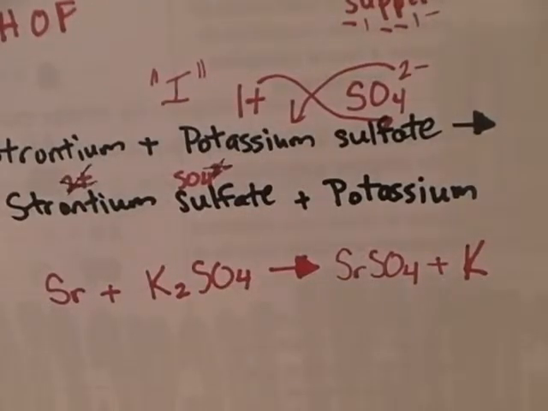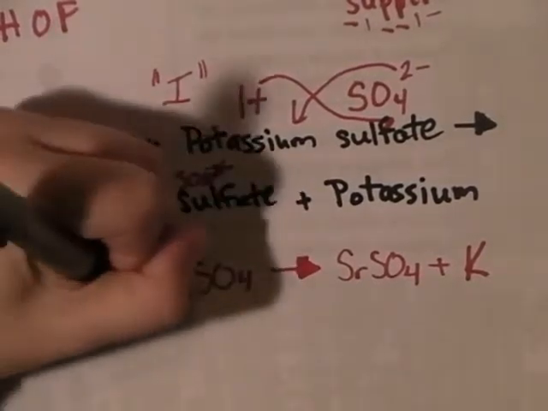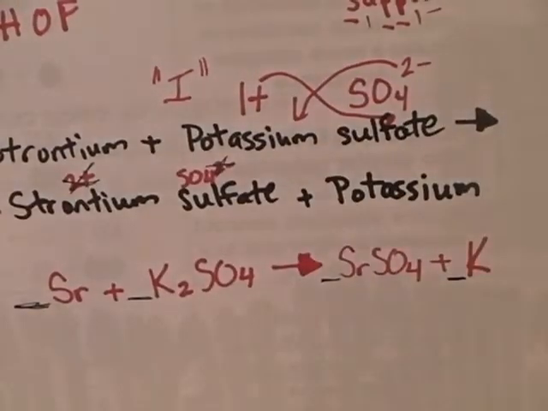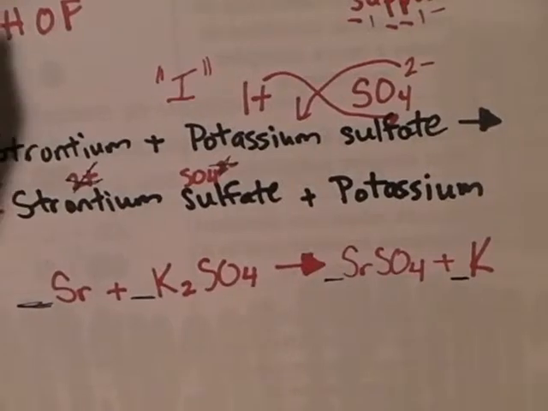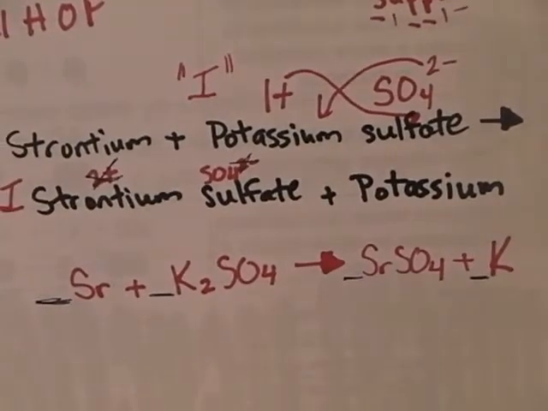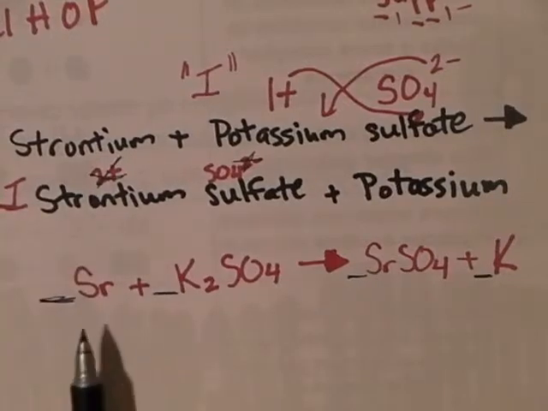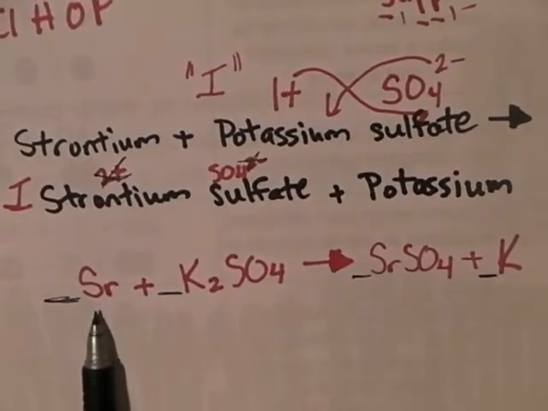I told you these problems can take a lot of time when you're writing out and balancing. So now our next step is to balance. So I'm going to try to do this without writing everything out. If you're still writing everything out, that's fine, but I want you to try to work on getting out of the habit of writing everything out, just because it'll take you too much time on a test. So, Sr, how many strontiums on this side right now?